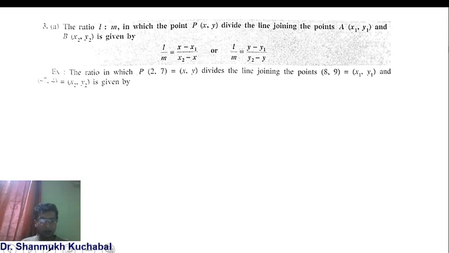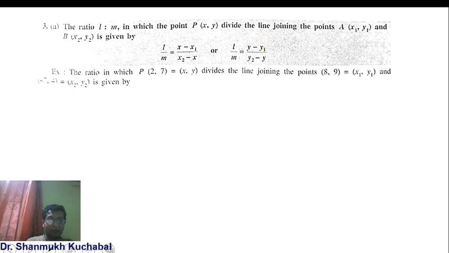So the last point: the ratio L is to M in which the point P of xy divides the line joining the points A of x1 y1 and B of x2 y2 is given by the formula L by M equal to x minus x1 divided by x2 minus x. Very easy here. Or else, one more formula we have, just replace x by y.